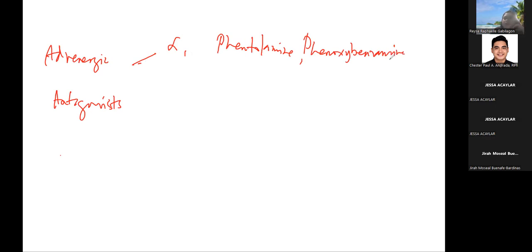Okay? A condition where the patient has a tumor sa adrenal medulla, and that tumor is capable of producing a lot of epinephrine and norepinephrine, leading to hypertension. So these two are non-selective, both alpha-1 and alpha-2.